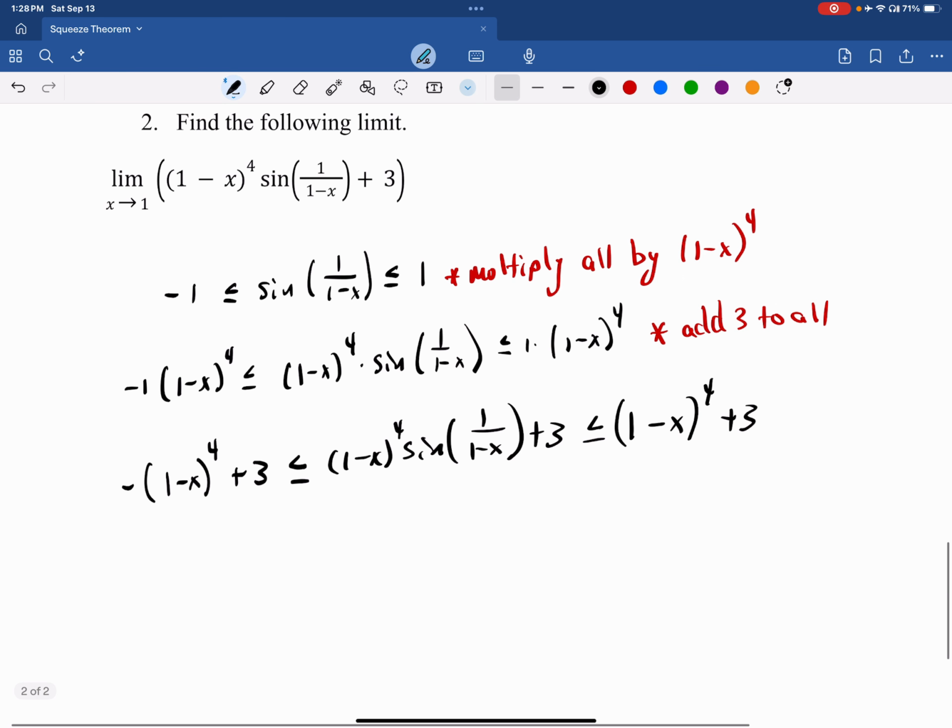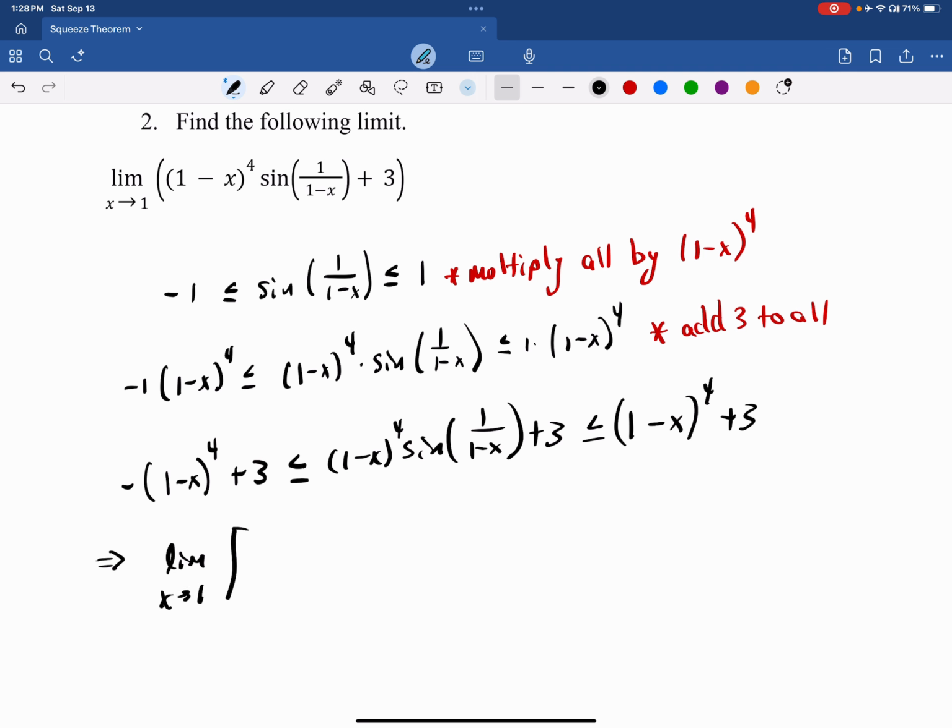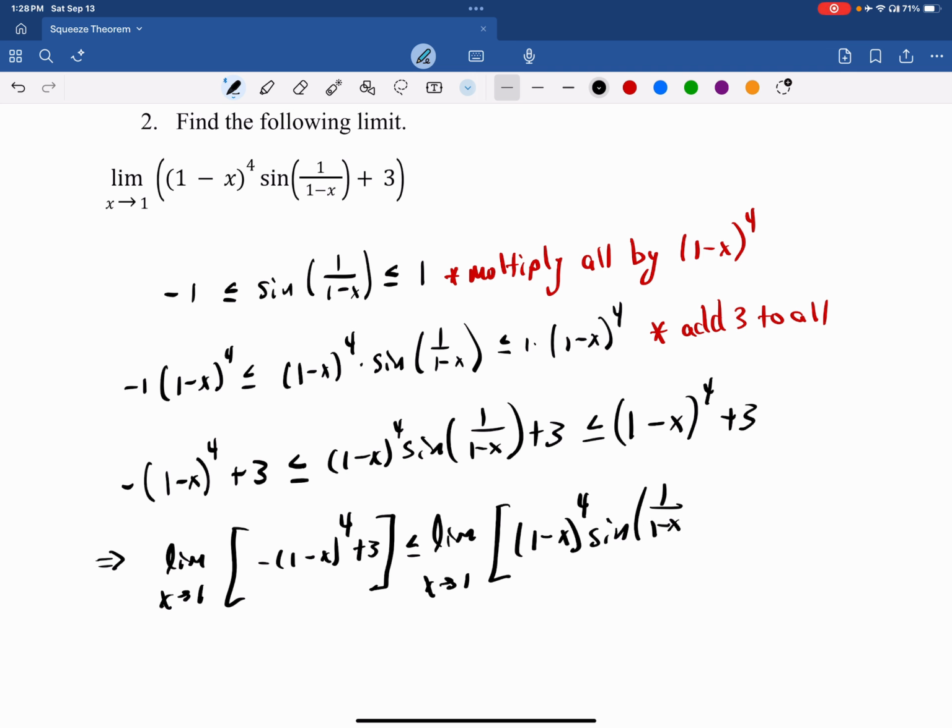So in other words, what we know has to be true is the limit as x approaches 1 of the left-hand side, which was a negative, 1 minus x quantity raised to the fourth plus 3. That has to be less than or equal to the limit as x approaches 1 of the middle one, which was our original function, 1 minus x raised to the fourth, of sine of 1 over 1 minus x, that quantity plus 3.